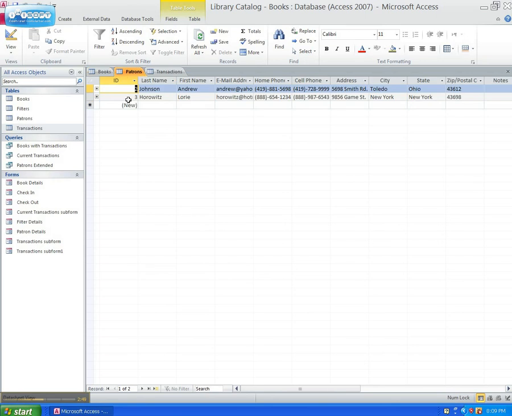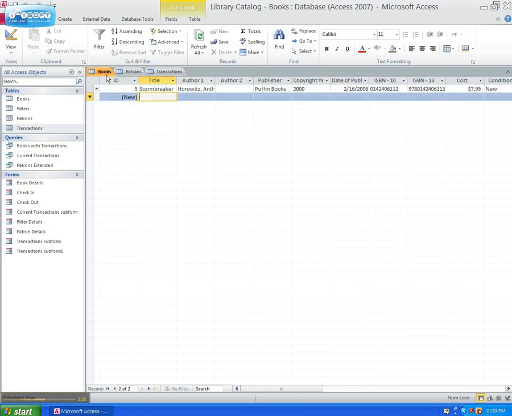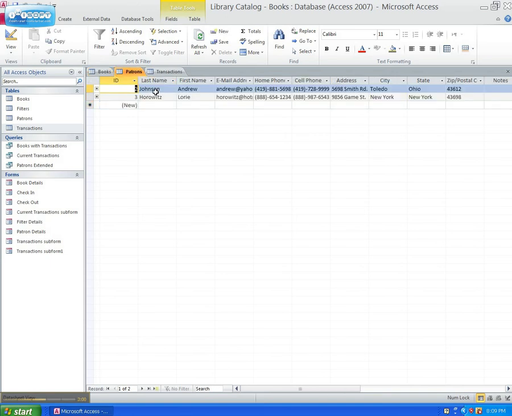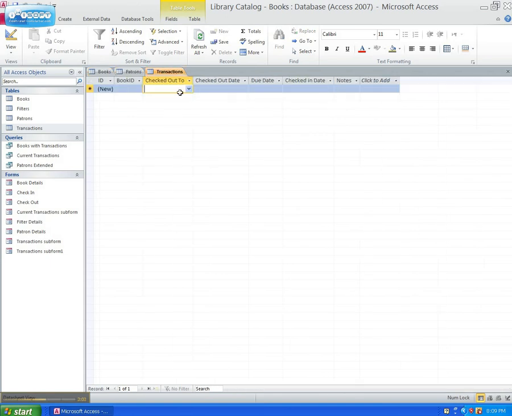Go to the patrons table, there's an ID 2 and 3. So when I have this book, there's not a whole lot of data in this table or database yet. This book called Stormbreaker, when it gets checked out by Andrew Johnson, that goes in the transactions table, and it says Andrew Johnson's ID goes here and the book goes here.